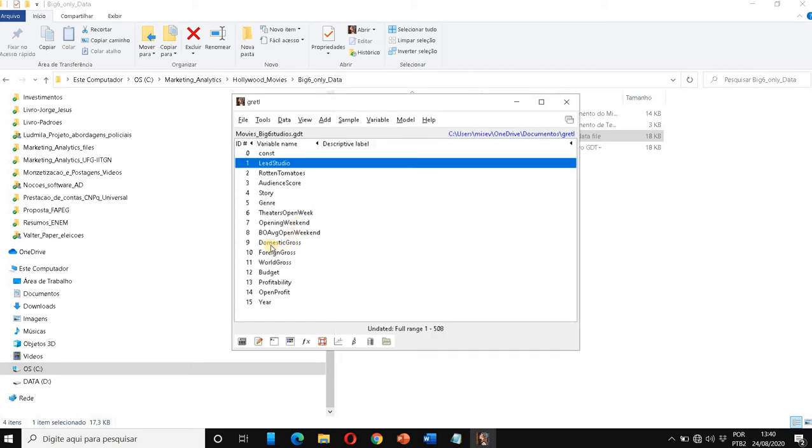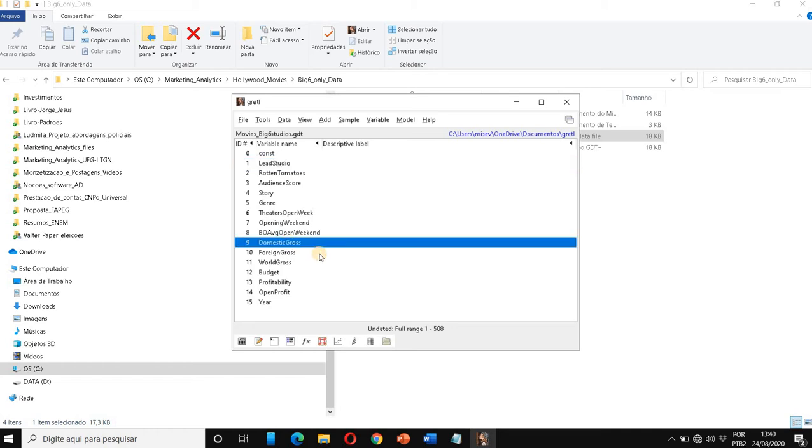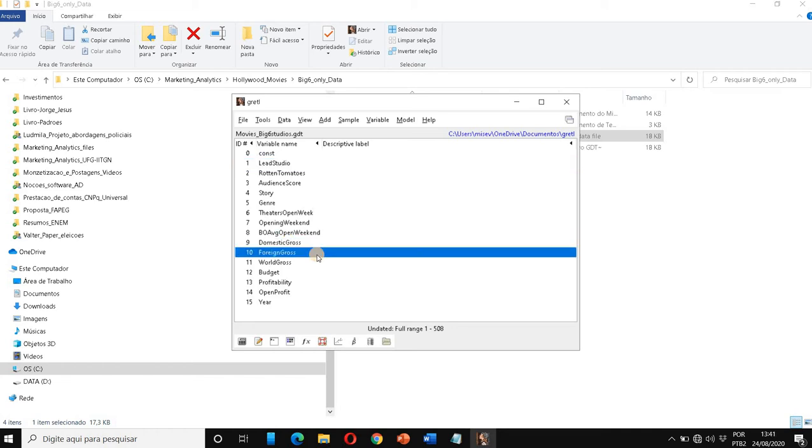And we are working with these 2 variables, so domestic gross revenue and the foreign gross revenue. So the first thing I'm going to do, first I'm going to show you how and why we are using mean and median values.